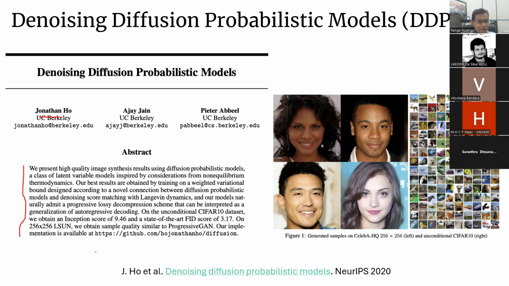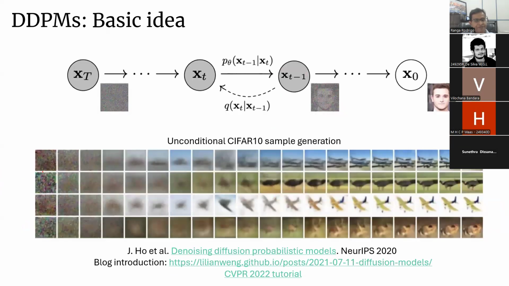Our best results are obtained by training on a weighted variational bound designed according to a novel connection between diffusion probabilistic models and denoising score matching with Langevin dynamics. Honestly, I don't understand that. I didn't read the paper, but you can see the method is what I described earlier.